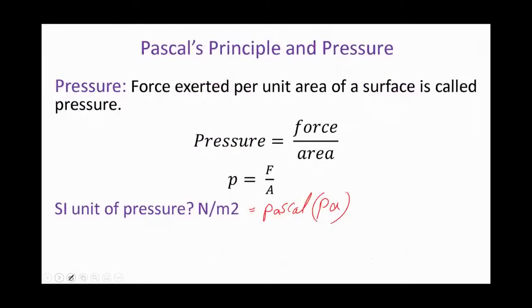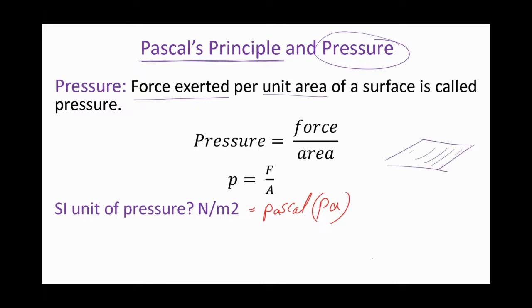The second part here is Pascal's principle. First, we need to discuss the meaning of pressure. Pressure is a force exerted per unit area. So if you have a surface with an area of 1 square meter, and you apply a force on the whole surface, let's say 1,000 Newton, what is the pressure on this surface?